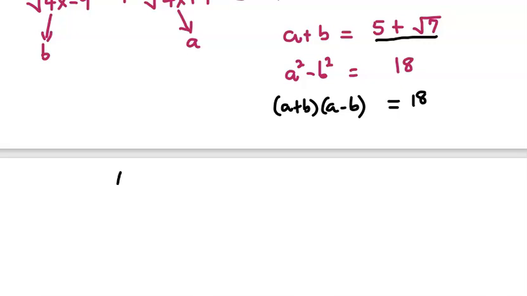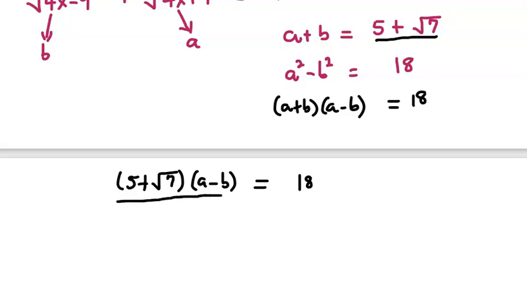So we now get 5 plus root 7 multiplied by A minus B, which is equal to 18. Now divide both sides by 5 plus root 7. We need the value for A minus B.